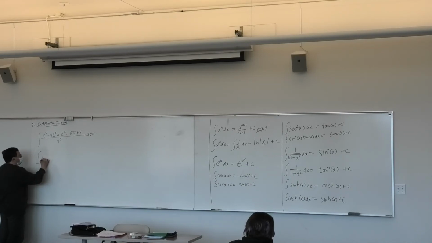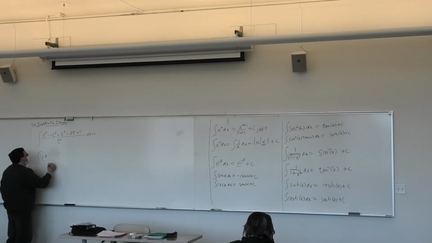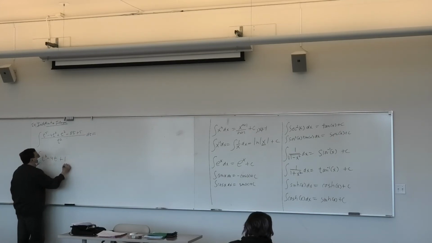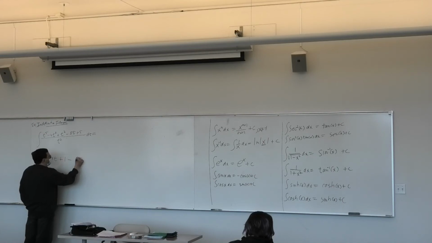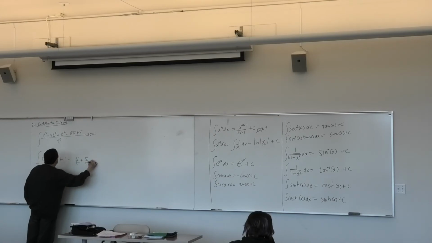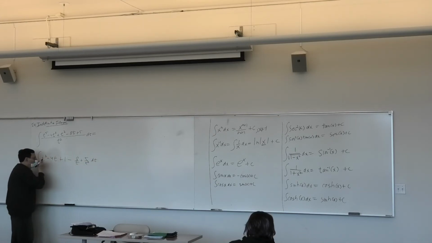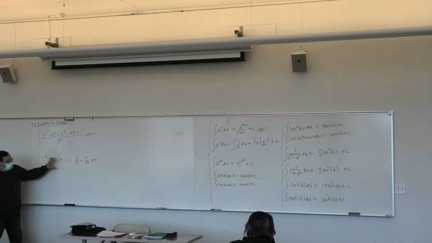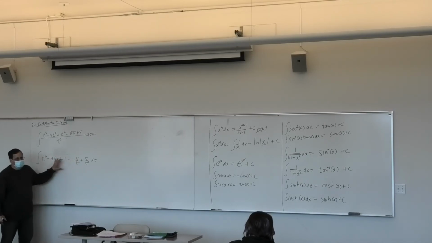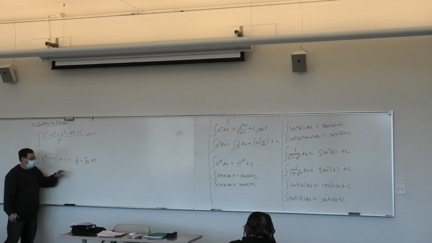It just becomes t cubed minus 4t plus 1 minus 8 over t plus 5 over t squared. And since we know we can break this up by the sum and difference, we can do each of these separately.